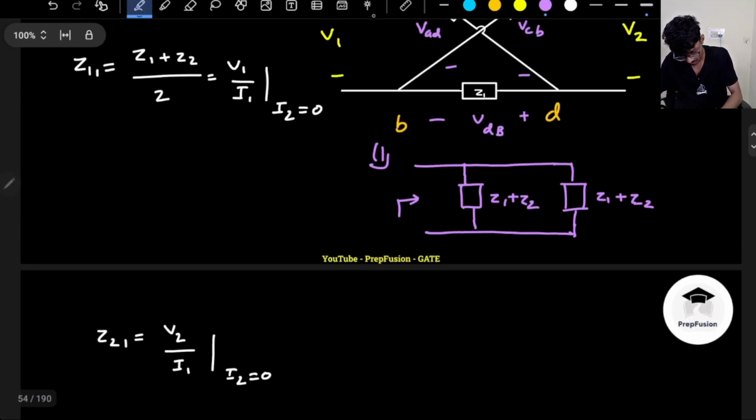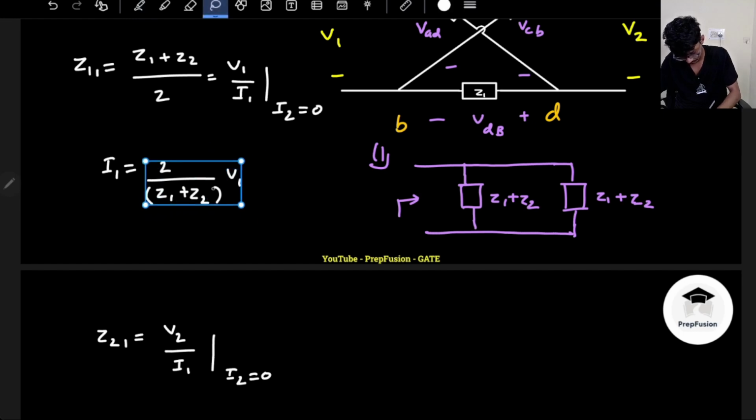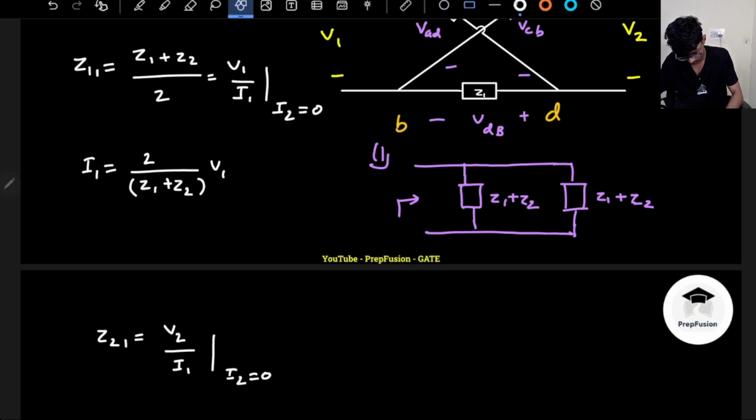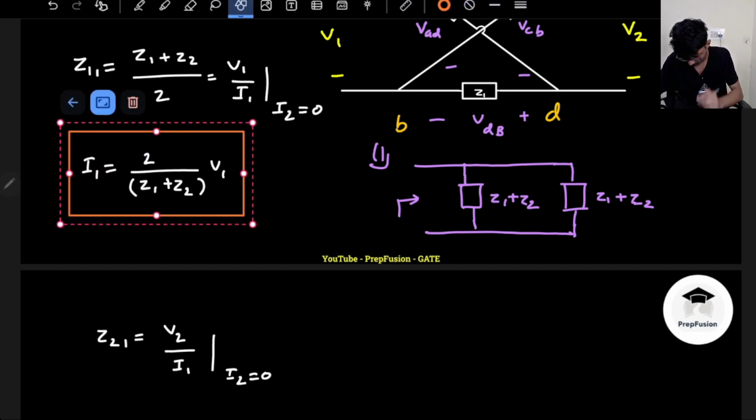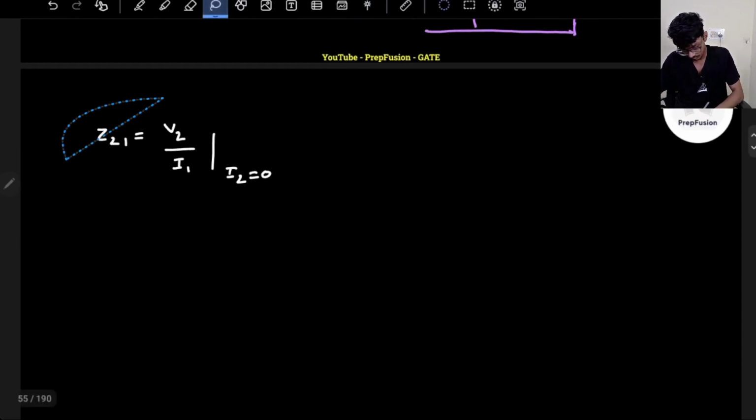From this equation, I1 is equal to 2 divided by Z1 plus Z2 into V1. That is what my I1 equals.